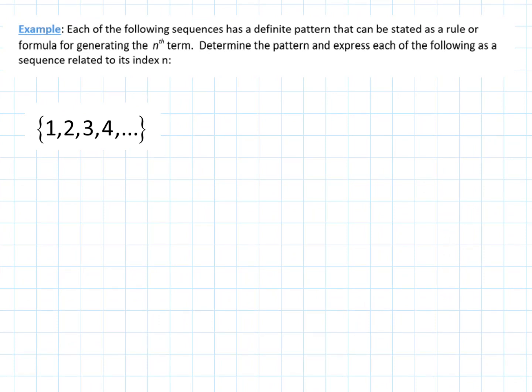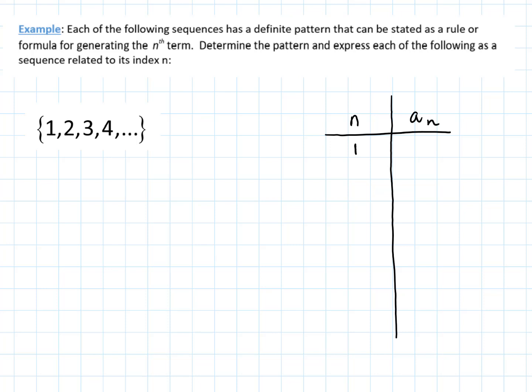What we can do here is make a table similar to how we wrote out the first couple of terms, but this time we're trying to figure out the patterns. So if we have our index, and then we're trying to figure out what would be the a sub nth term, that's our goal over here.